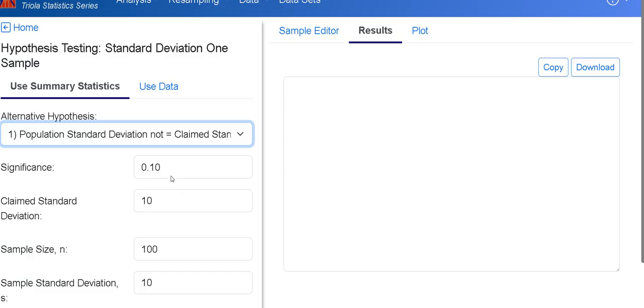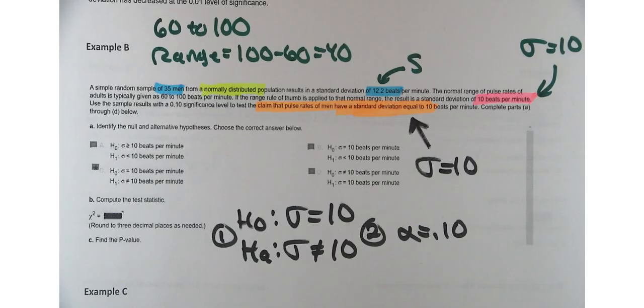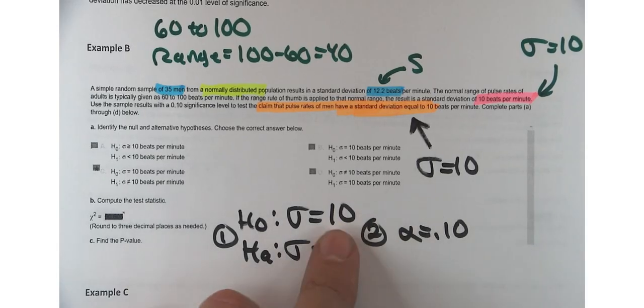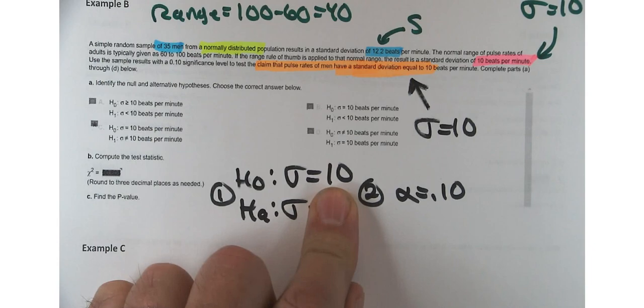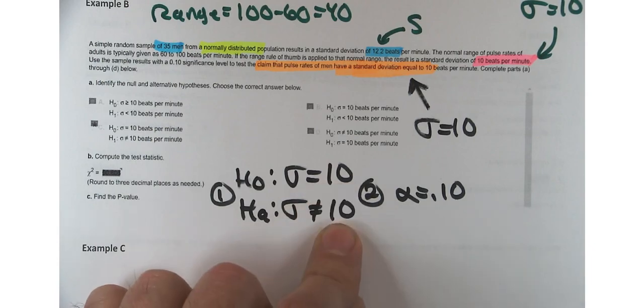Significance level is 0.10. Claimed standard deviation. So, Nick, claimed standard deviation and original claim are different things. The claimed standard deviation, that claimed number, is going to come from our null hypothesis, but it's not exactly directly related to the original claim.